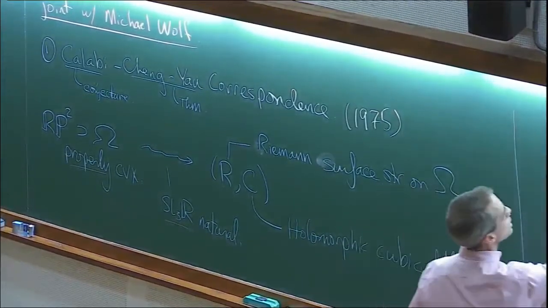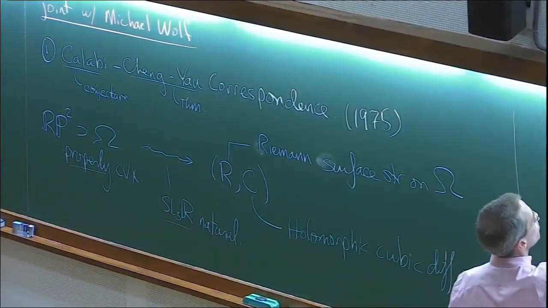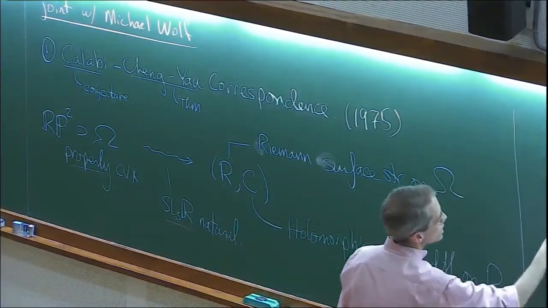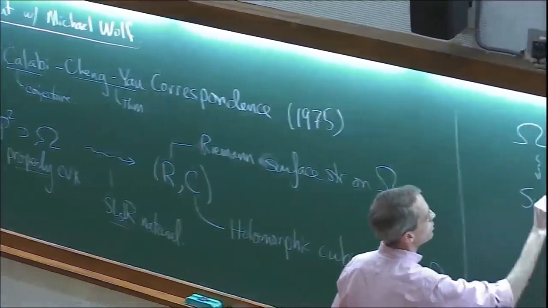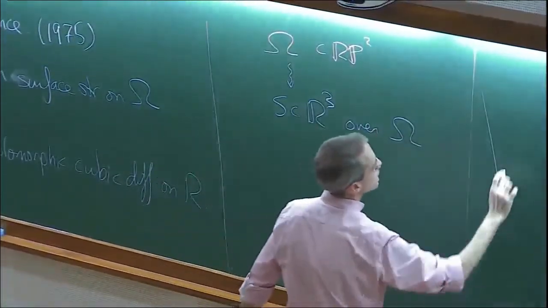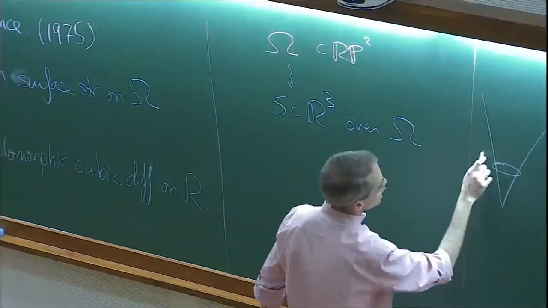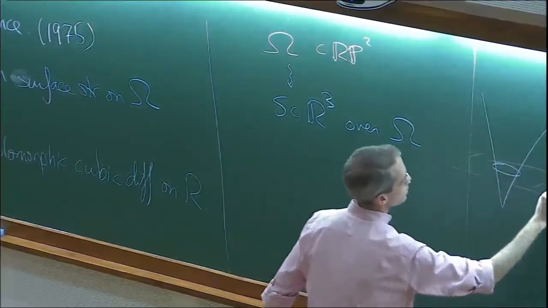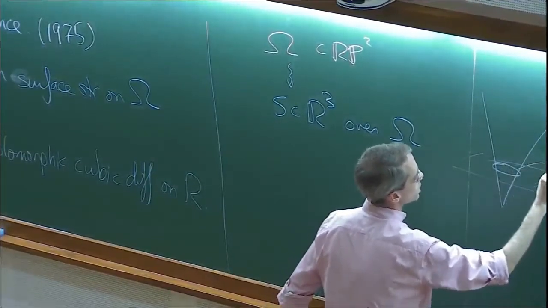You start with a subset of RP2, and out of this, you build a surface in R3 that lives over omega, in the sense that omega is a subset of RP2, so you could think of an affine chart for that as the plane z equals 1. Here's omega.